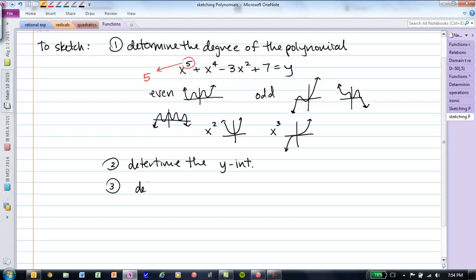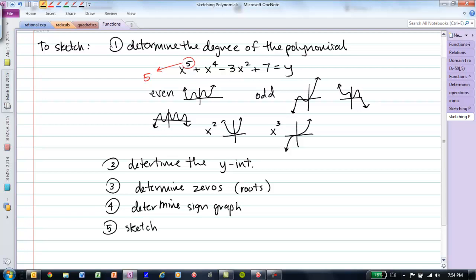We will determine zeros, which are also known as roots. Step 4, determine the sign graph. And then step 5 would be to sketch.